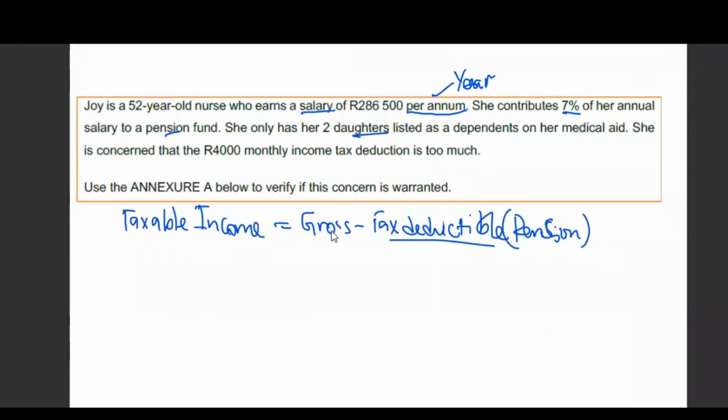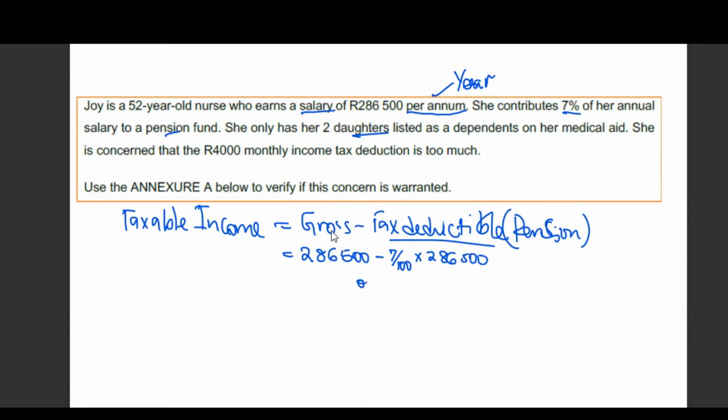Since we have pension, number one, we shall say 286,500 minus 7% of the same money. Why are we doing this? We are removing pension.